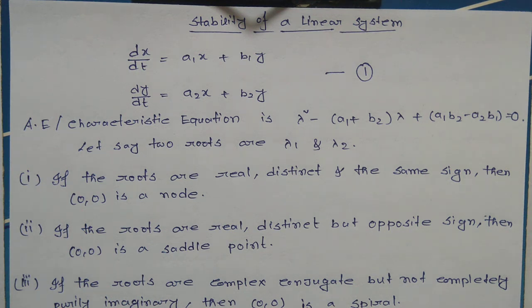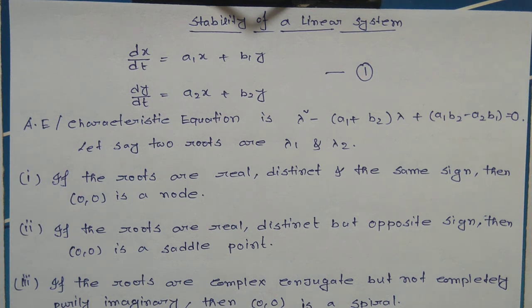So you should remember all these points I mentioned here. If you remember all these points, then you can easily find out whether (0,0) is a node or a saddle point or spiral or center, and when it is stable or asymptotically stable. So we will give some examples, and from there we can find out whether the critical point is a node or saddle point or whatever it is.